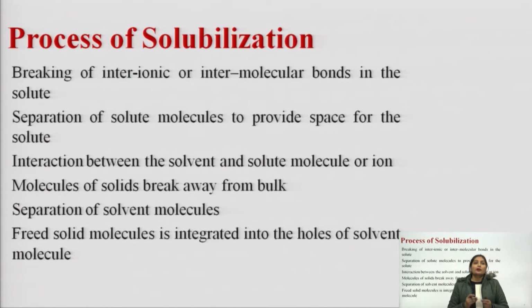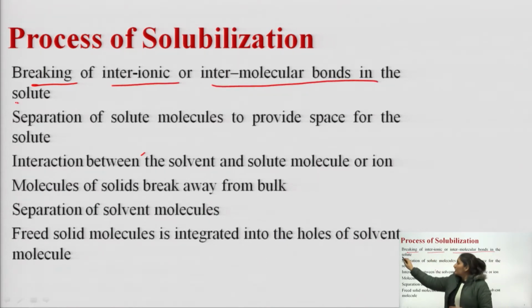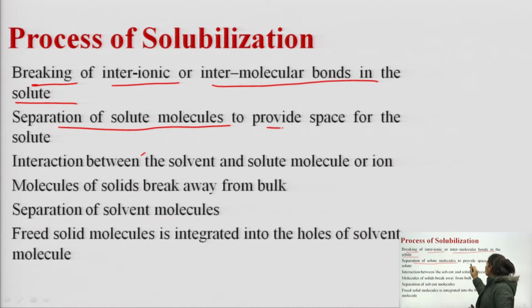Next is the process of solubilization. There are different processes involved in solubilization, and these are: first is breaking of interionic or intermolecular bonds in the solute. Second is separation of solute molecules to provide space for the solute.